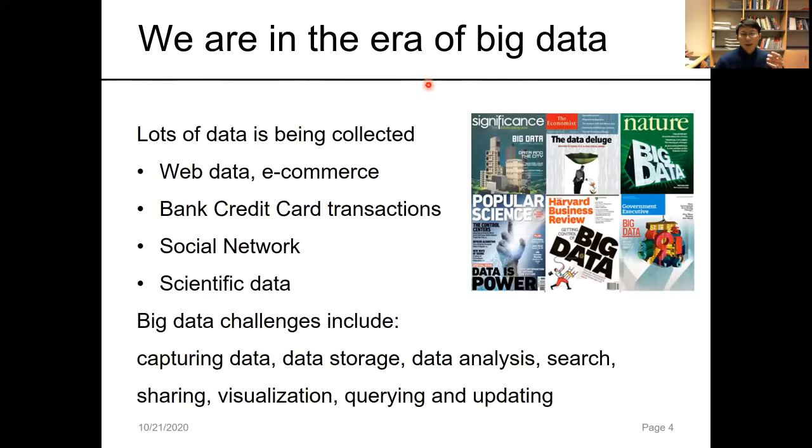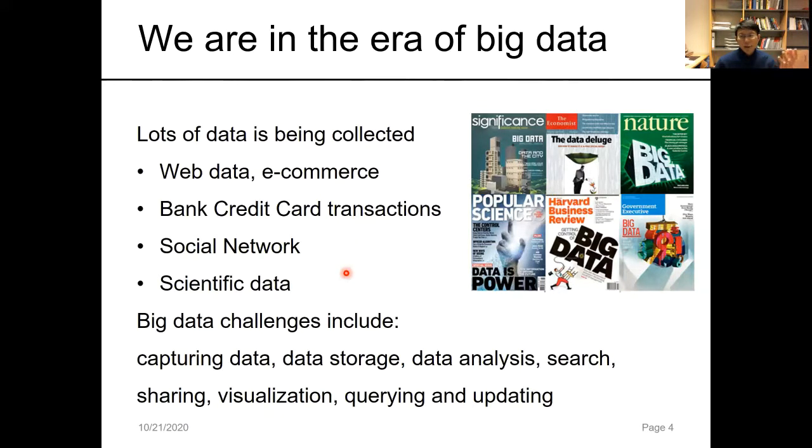We are in the area of big data. Big data is a field that deals with data sets that are too large or complex to be dealt with by traditional data processing application software. Data come from varied sources, including the web, e-commerce, bank systems, social networks, and scientific data.